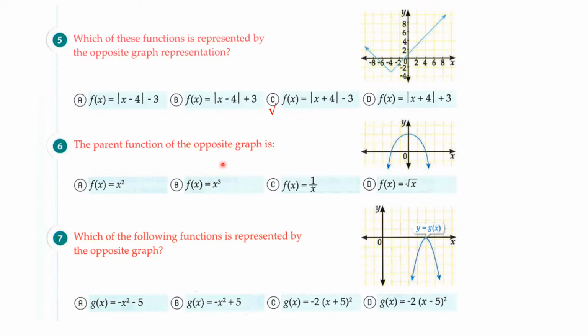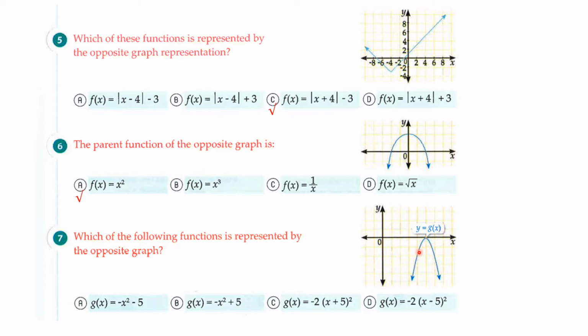The parent function of the opposite graph, this is a parabola, right? So the parent function is A. Which of the following functions is represented by the opposite graph? It's a parabola that is inverted, right? So there's a negative outside the function and it has moved 1, 2, 3, 4, 5 units to the right.